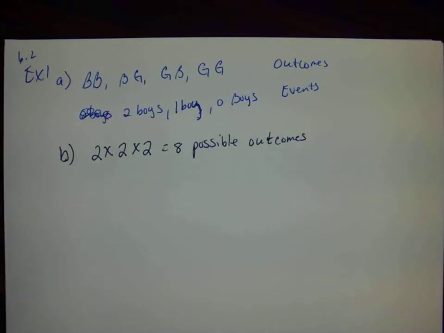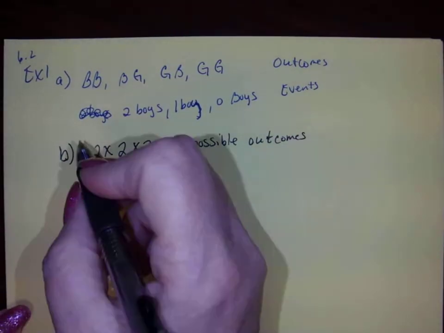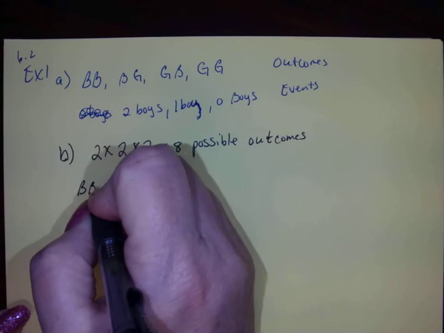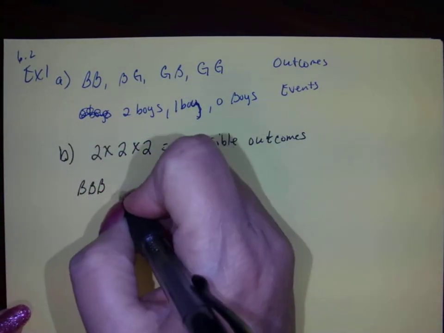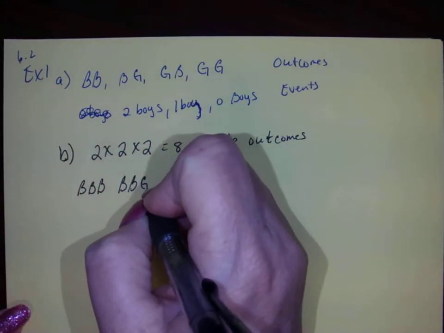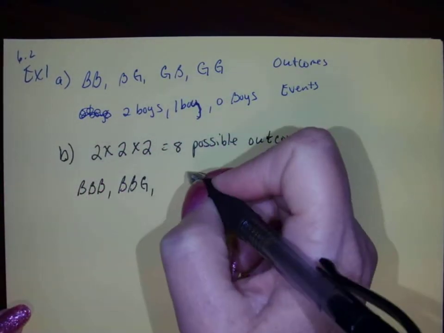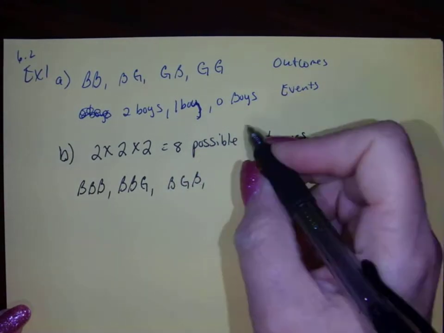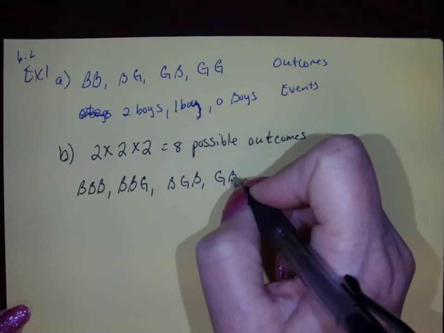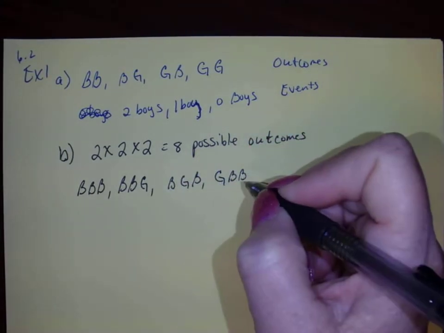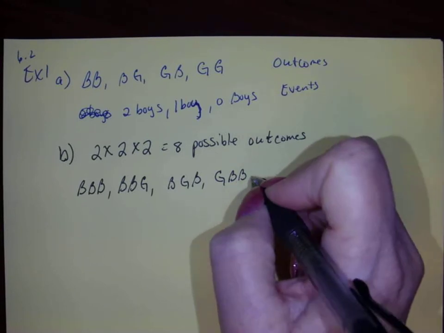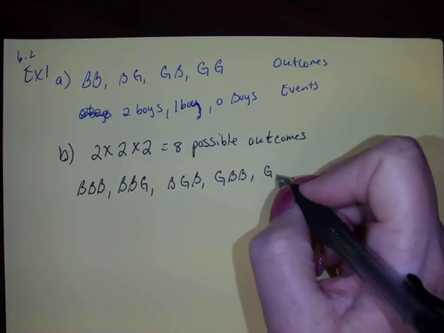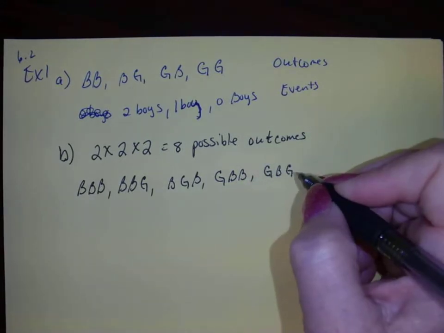All right, so let's go make a list. So we could have all boys. We could have 2 boys and a girl. We could have a boy, then a girl, then a boy. We could have a girl and then 2 boys. We could have a girl, then a boy, then a girl.